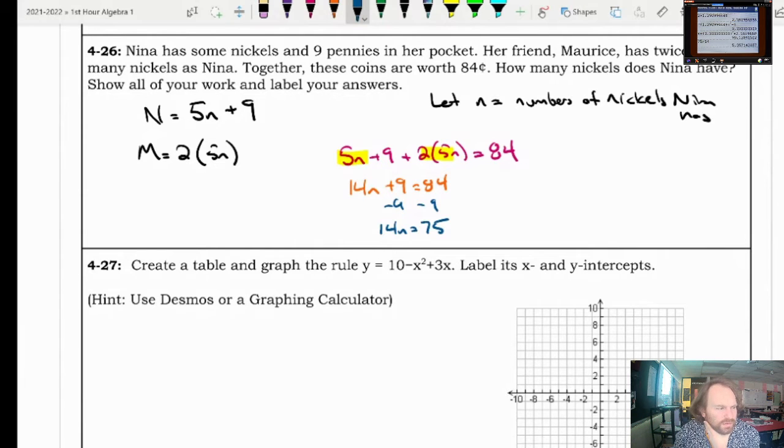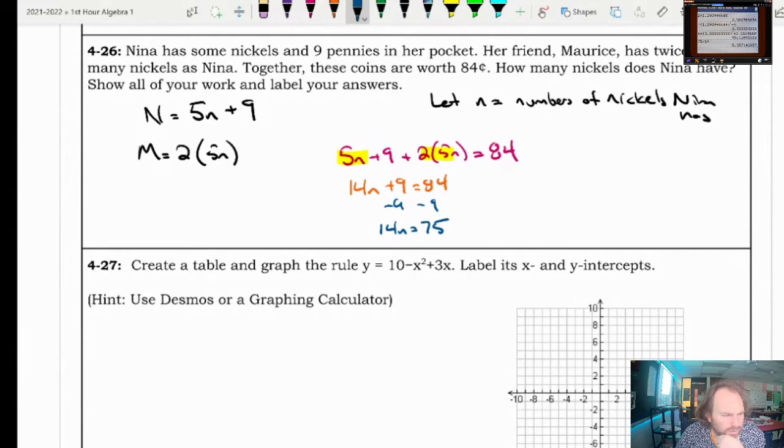Hang on a minute. This one's got me a little bit confused with the Maurice has twice as many nickels as Nina. If I had just done 2N, I would have that number into 84 cents. This one's got me a little bit chin scratchy over here. I'm doing what I suggest you do when you get stuck. I'm looking up homework help, honestly.